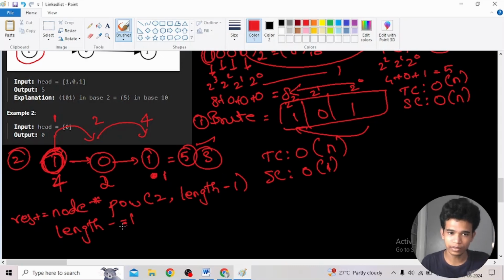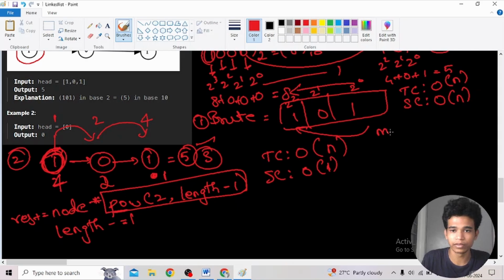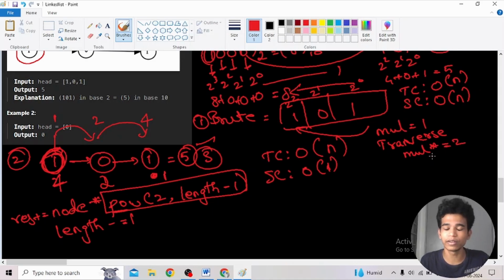It is quite similar to this approach. Just because of this power function, we used this instead. Just take a variable called multiple, which is initially equal to 1. Whenever you are traversing the linked list, make multiple equal to multiple into 2.